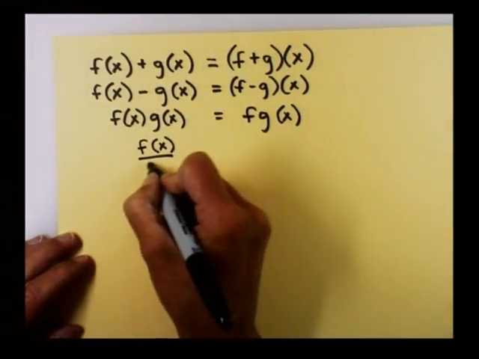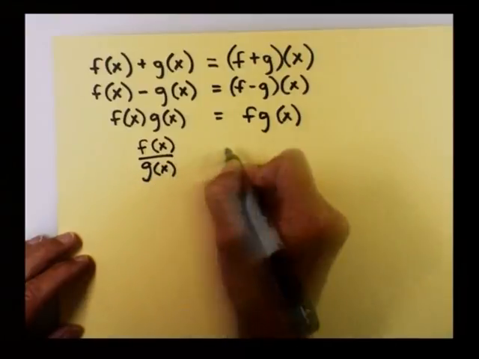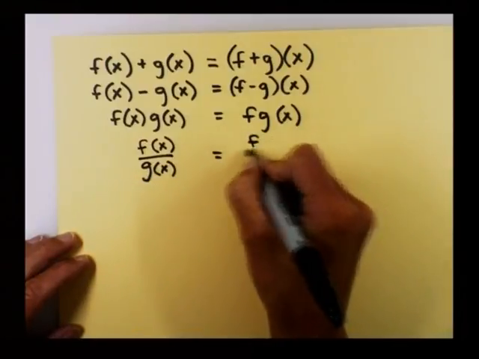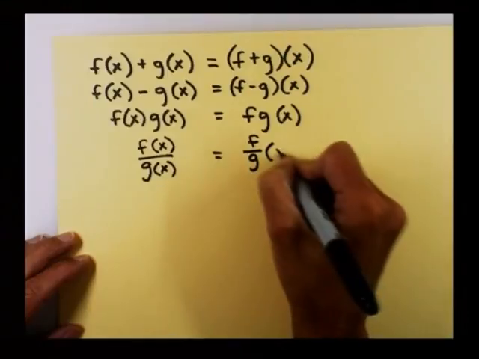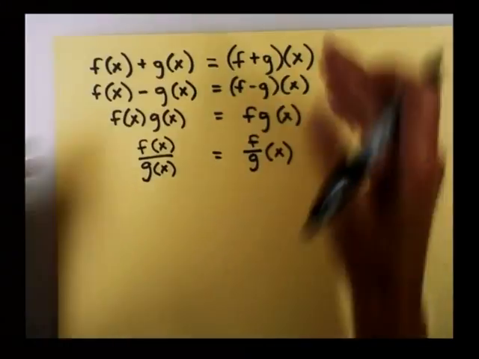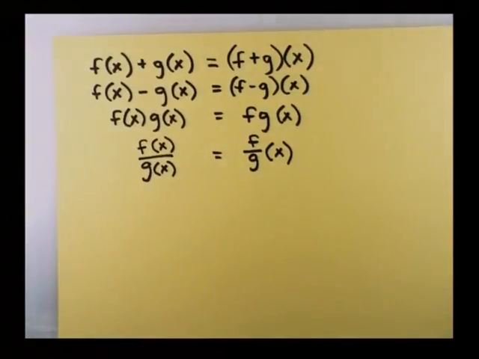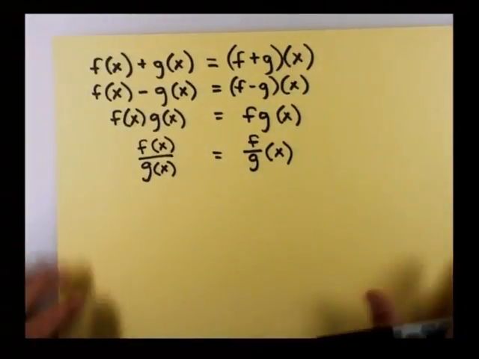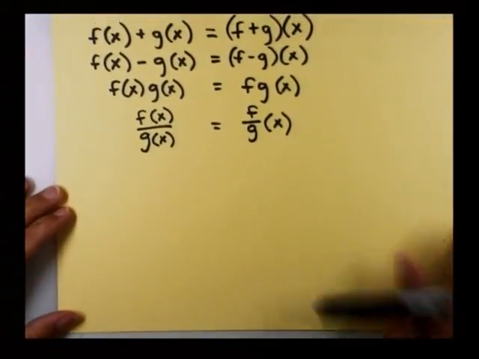If I'm dividing my functions, f divided by g of x. So just some basic information for you there on combining functions and what the notation looks like. So let's use that now in a couple of examples.